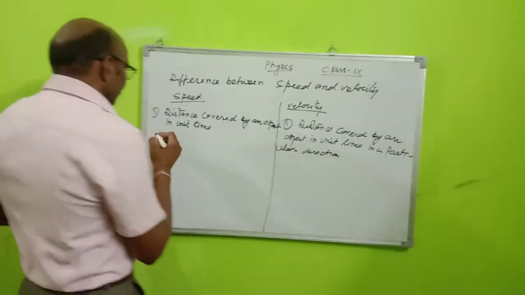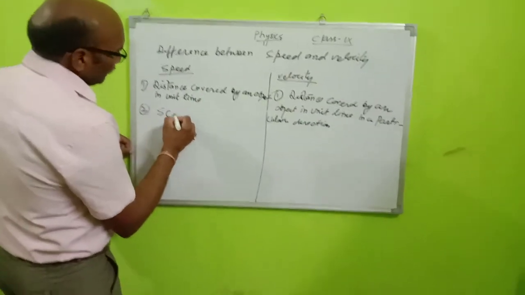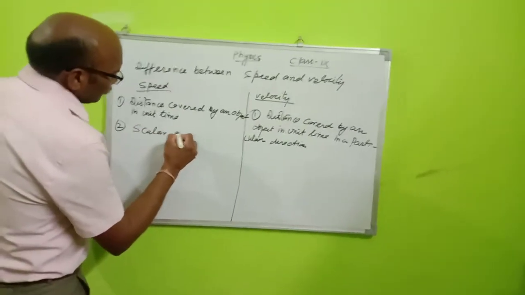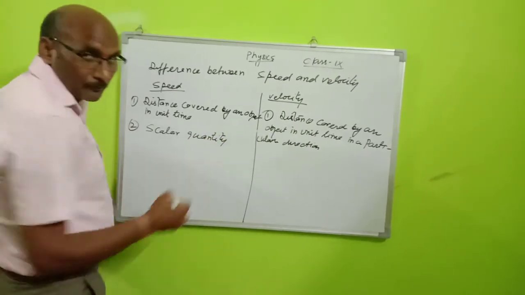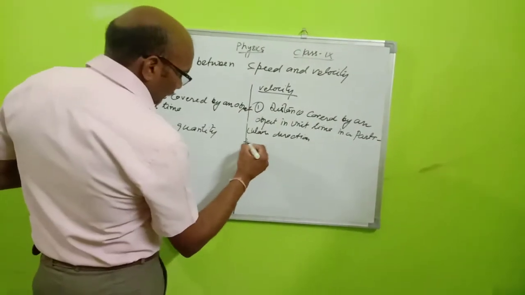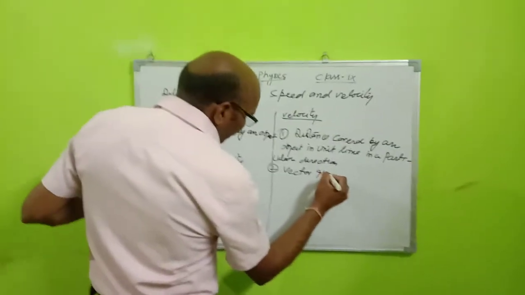That is the first difference. Number 2: speed is a scalar quantity, and velocity is a vector quantity.